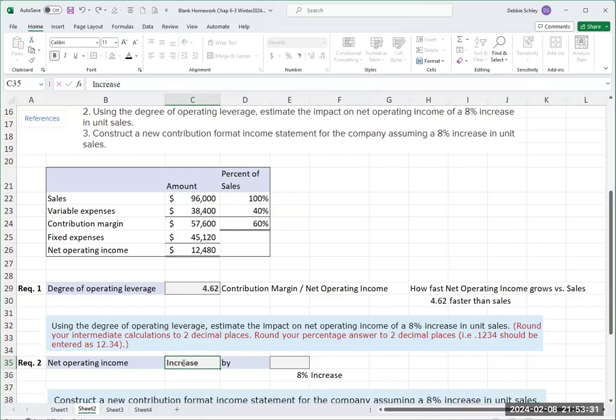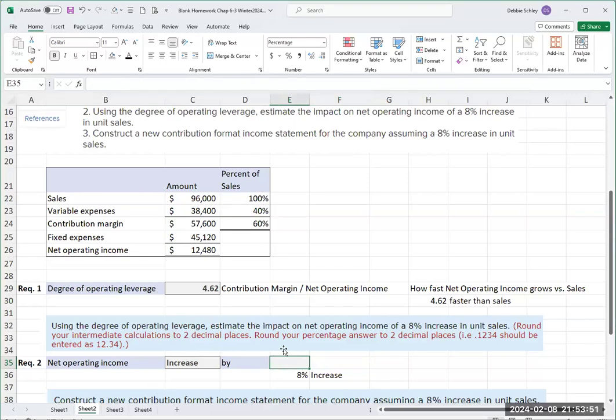And I know that just by logic, because it doesn't say anything about any other expenses increasing. It's strictly a sales increase, so my net operating income will also increase. If my sales decrease, then my net operating income will also decrease, unless they give me other data.